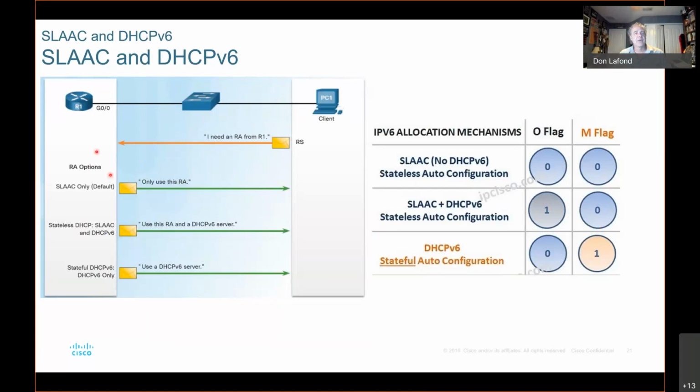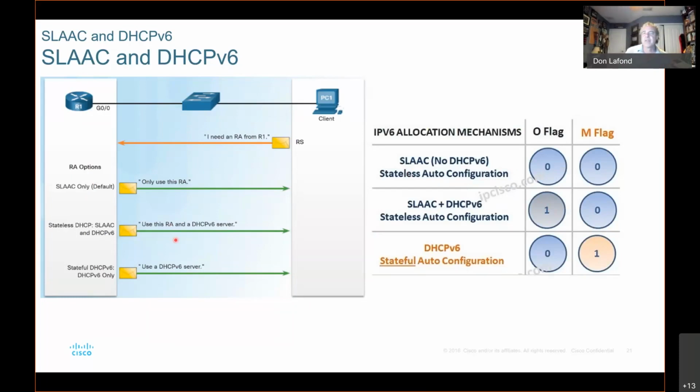The router responds with, if it's SLAAC only, then it just says, hey, here's everything you need. Use only this router. That's the first option, 00, with a 1 in the A position. The second option, stateless DHCP, SLAAC and DHCPv6: use this router advertisement, but reach out to the server for everything else, okay?